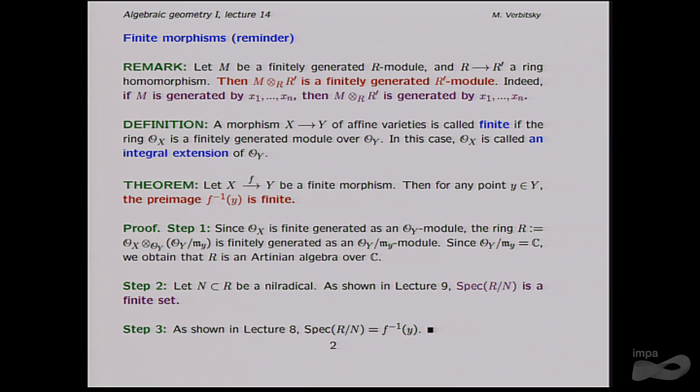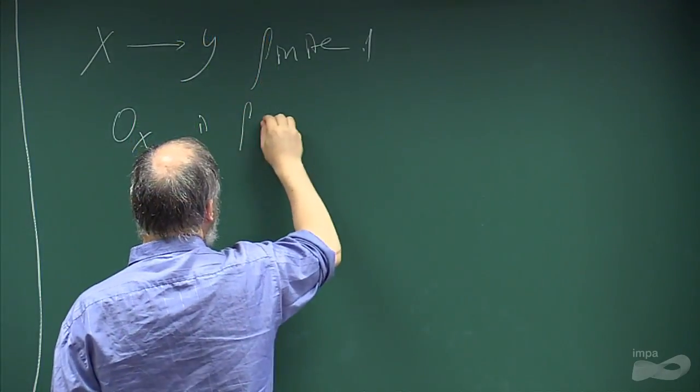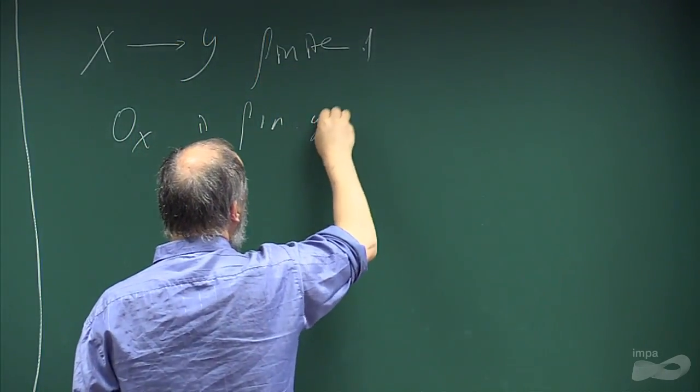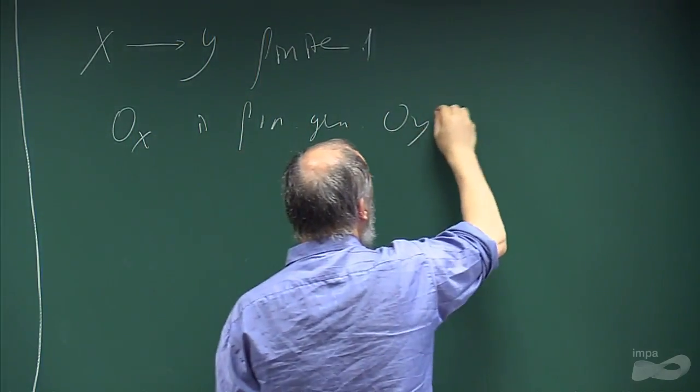Okay, there was this stuff about finite morphisms. What we need today is that if x to y is a finite morphism, so if you have a map from x to y, you have the map of rings from O_Y to O_X, and O_X is a finitely generated O_Y-module.